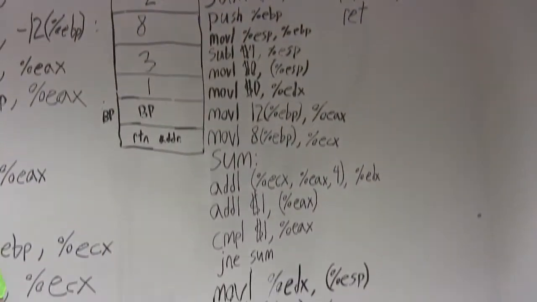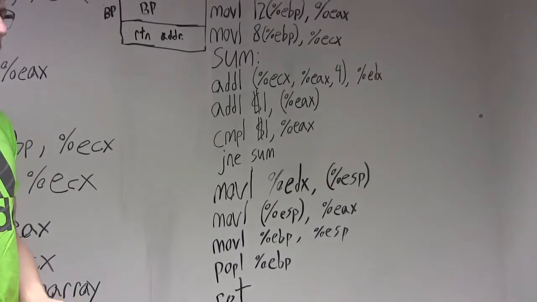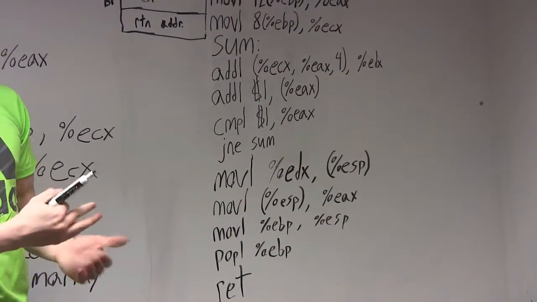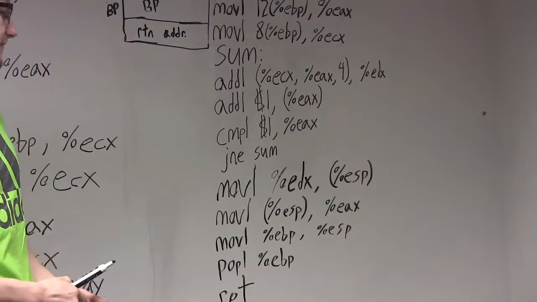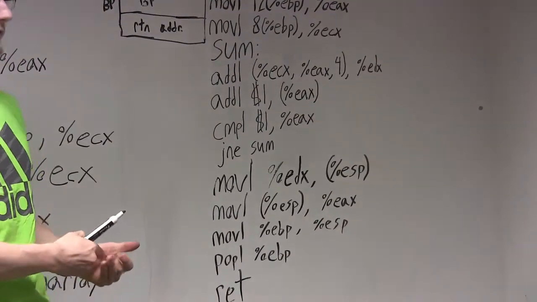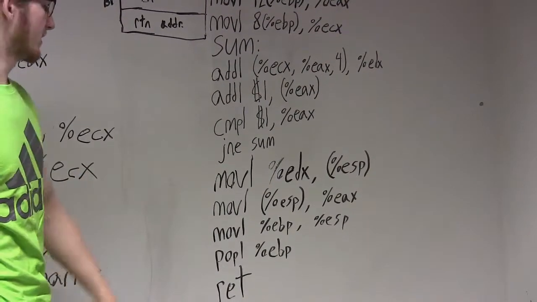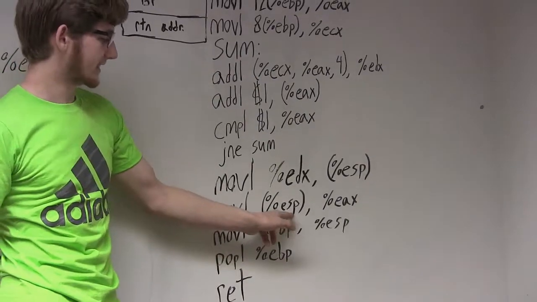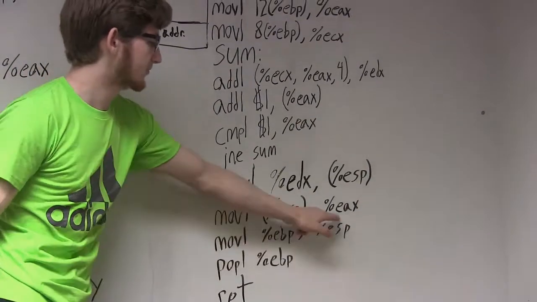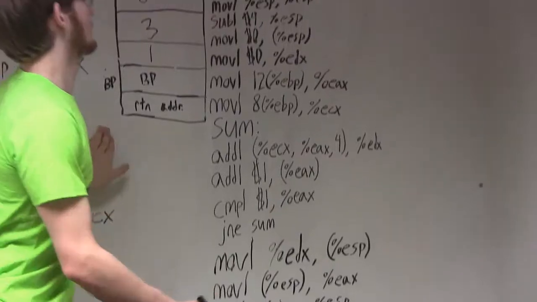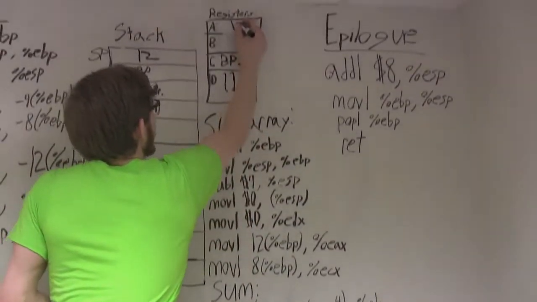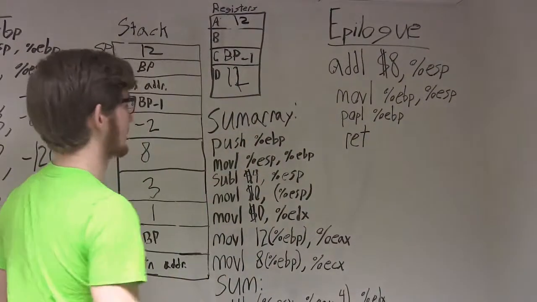Now, as we know, when we're trying to return a value from a function, the value that is returned will be returned from the A register. So we'll move the value that is at the stack pointer into the A register, thereby overriding what was previously in there.